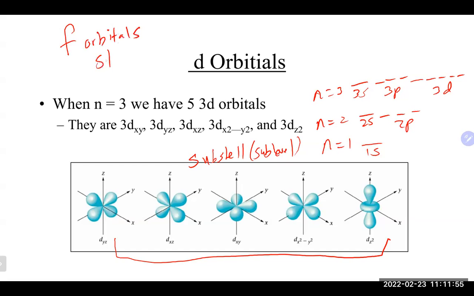They start at the n equals 4 level, and at the n equals 4 level, you have everybody else still there, a 4s, a 4p, a 4d, and then a 4f basically appears. So it's not until the 4th energy level, or n equals 4, that we see the f orbitals appear. And there are 7 of them, by the way.